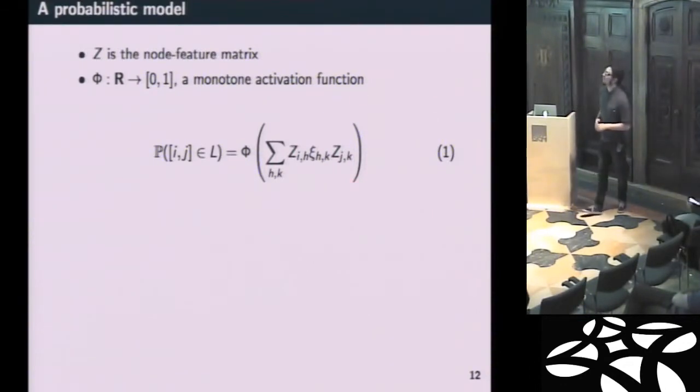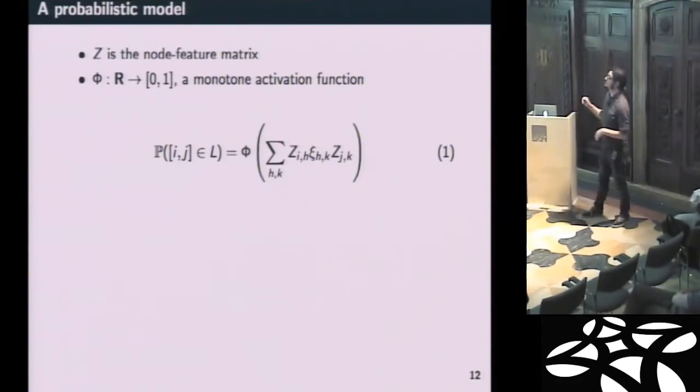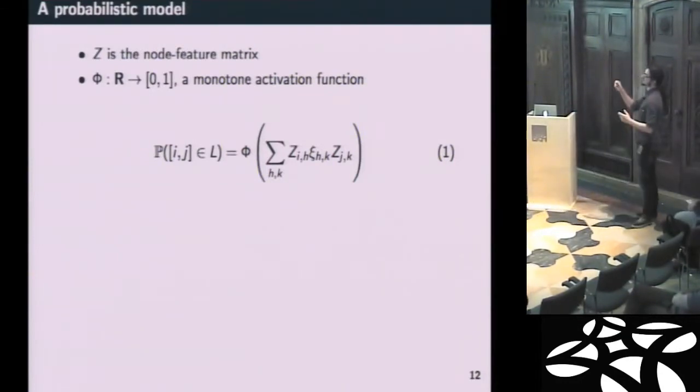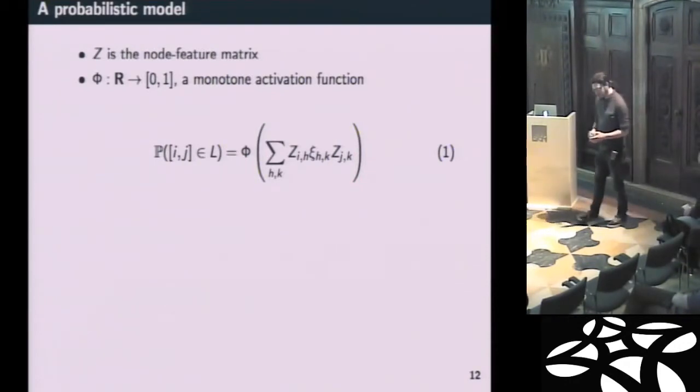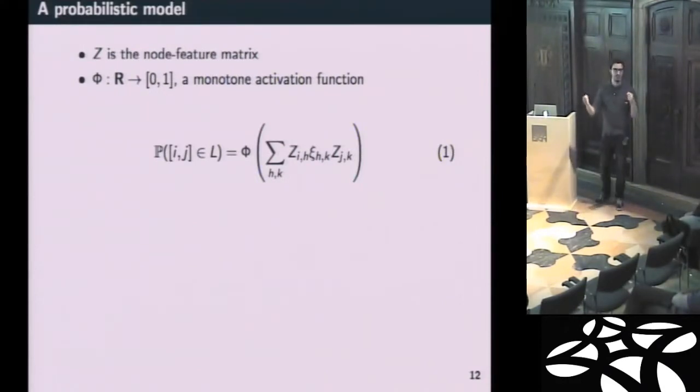So then, apart from this matrix, we need an activation function called phi. And the role of this is to get from a number to a probability, where the number is the one in the formula. So basically, we are taking all the elements in the influence matrix that correspond to the features that we are seeing in a couple of nodes.